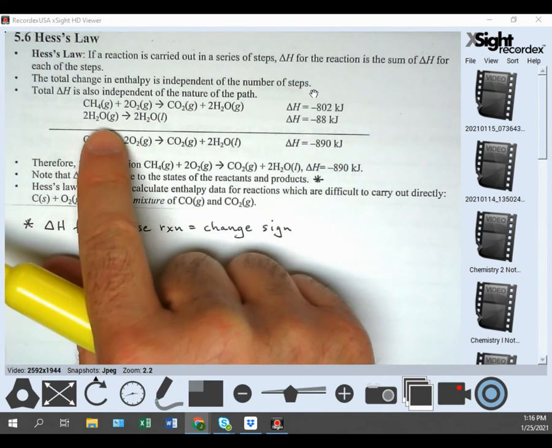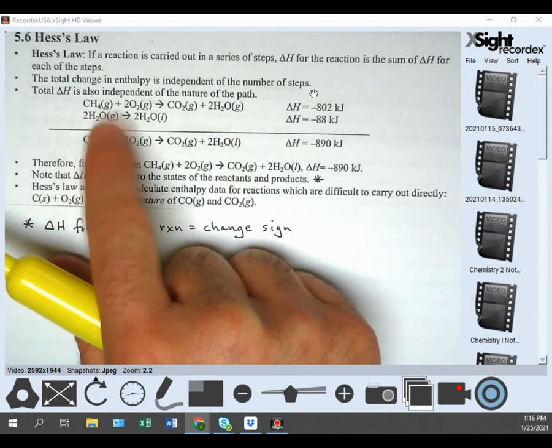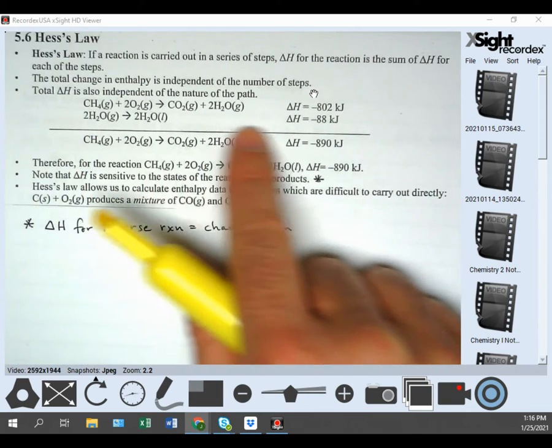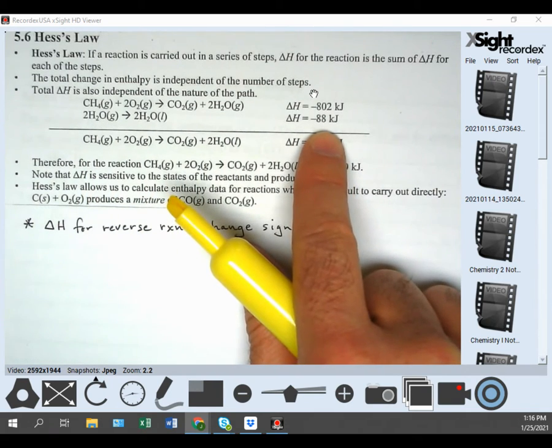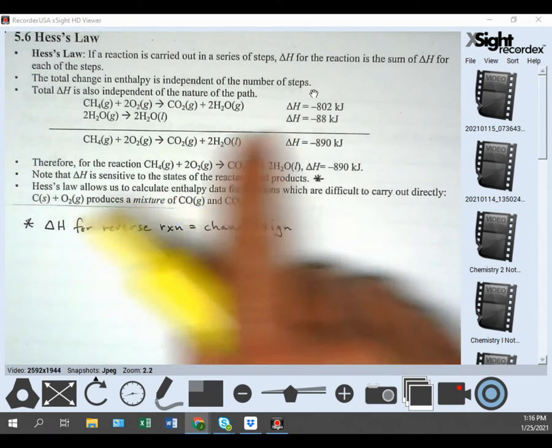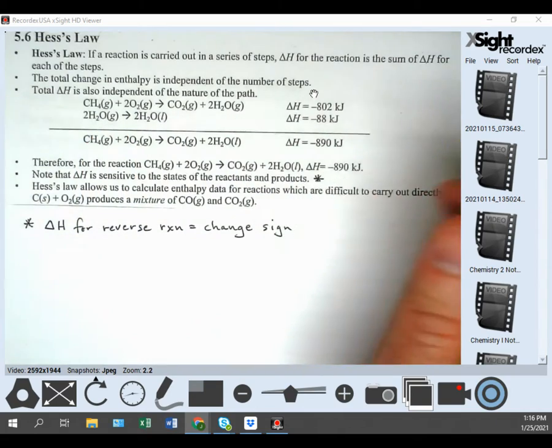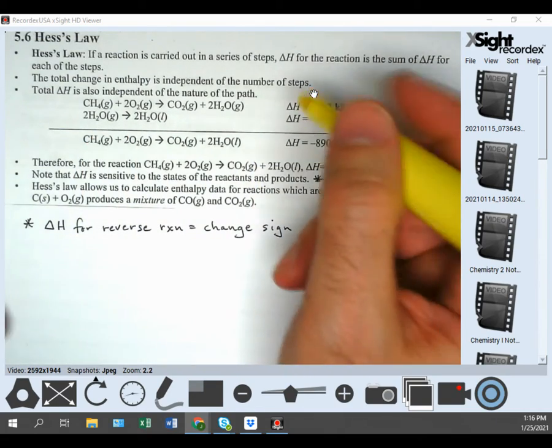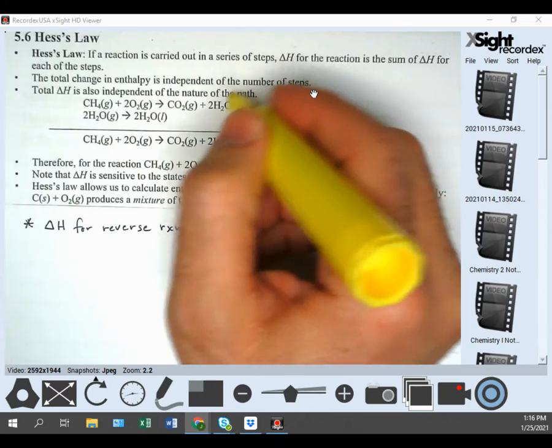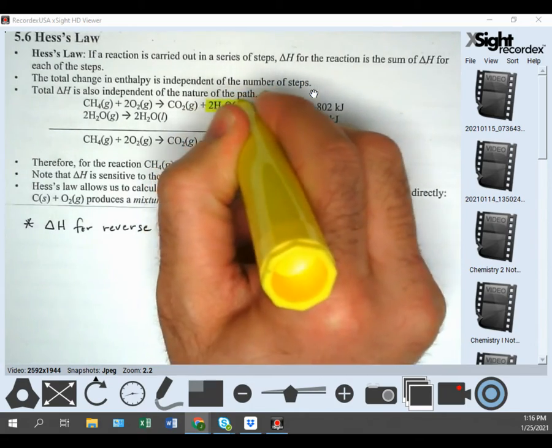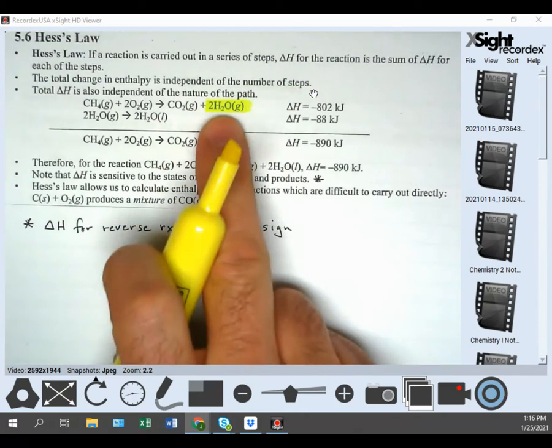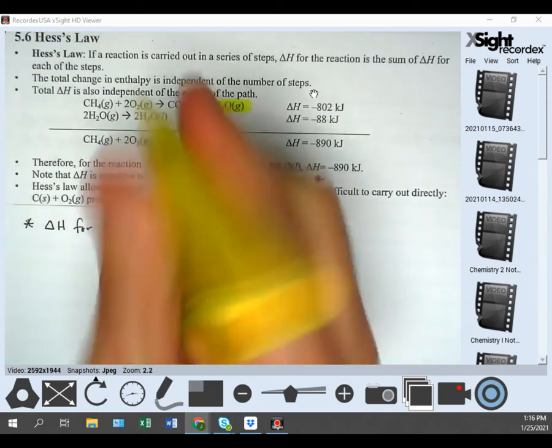So what happens is the water as a gas gives off another 88 kilojoules, and it turns from a gas to a liquid. If you notice, in the first one, it gives a gas, right?